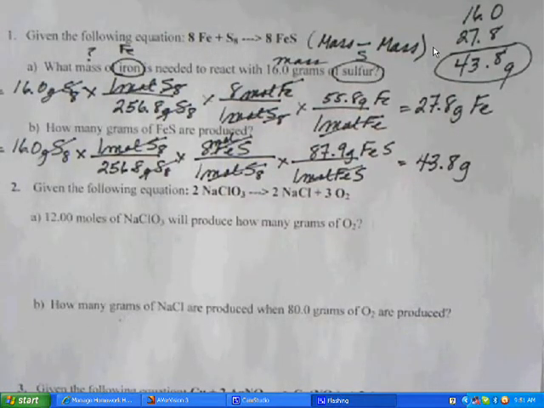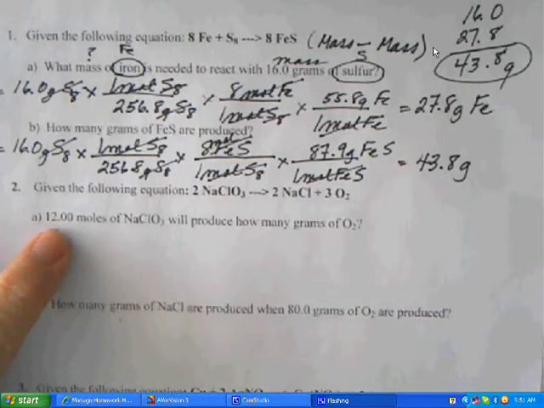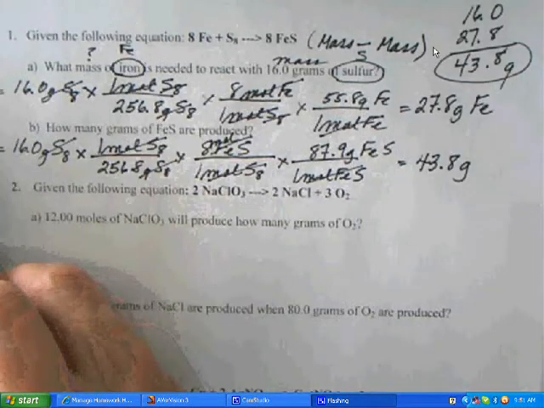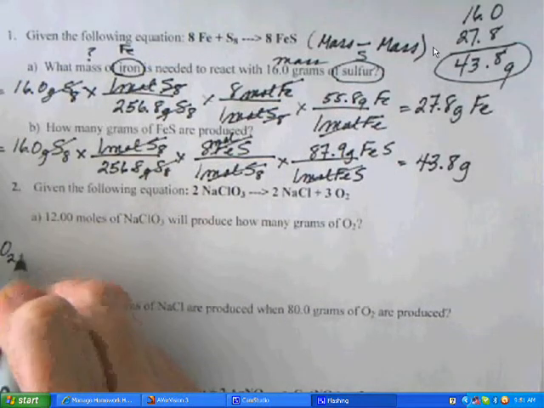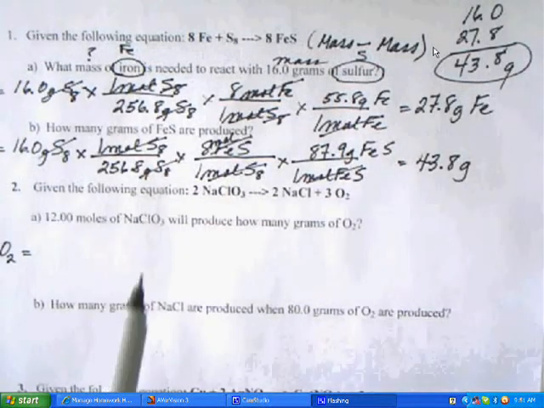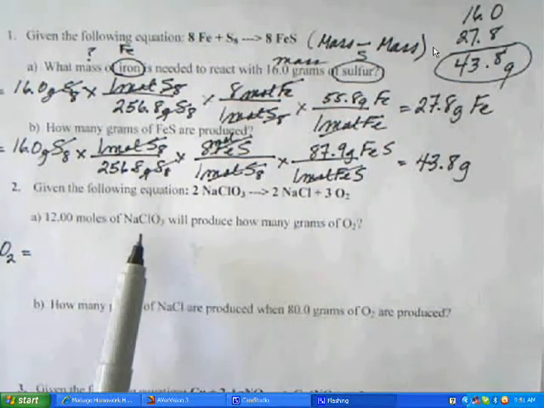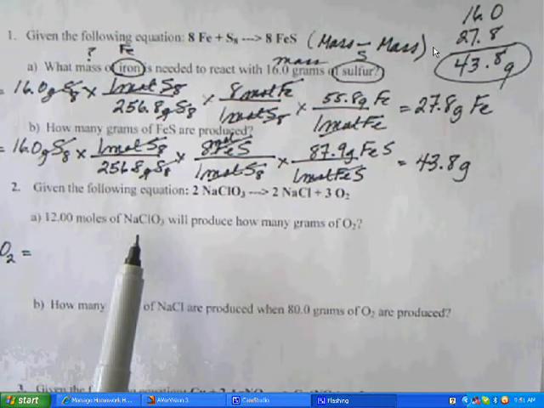So we have 12.00 moles of sodium chlorate. And what's the next step? Looking at your little grid thing, what would be the next step you would do? Mole ratio of the quantities that are in the problem. So you have sodium chlorate and you have oxygen. So those are the 2 things from the balanced equation you're going to put into the mole ratio.